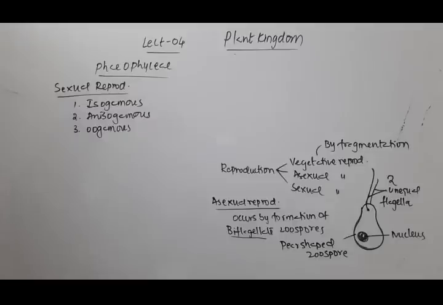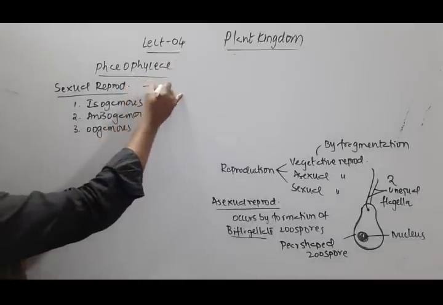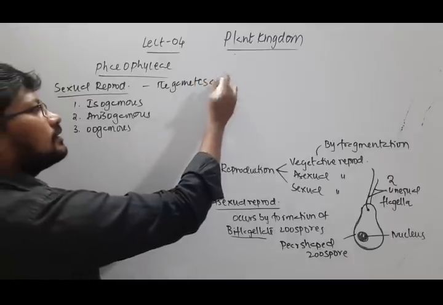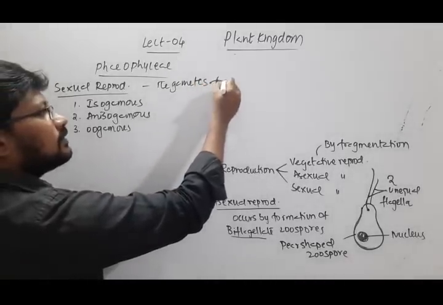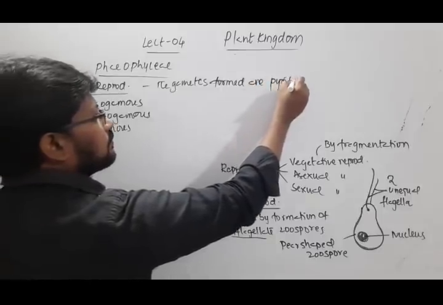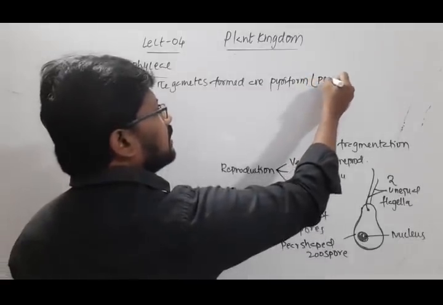By these methods, the process of sexual reproduction takes place. During gamete formation, the gametes formed are pyriform, which I told you already means pear shape.